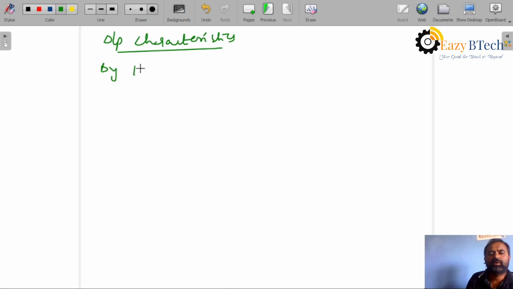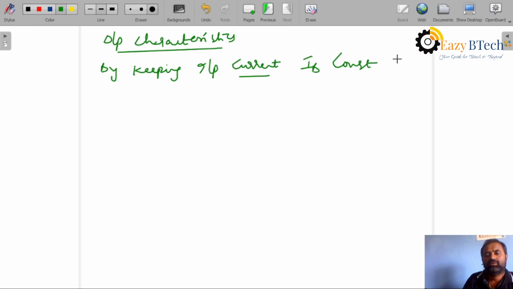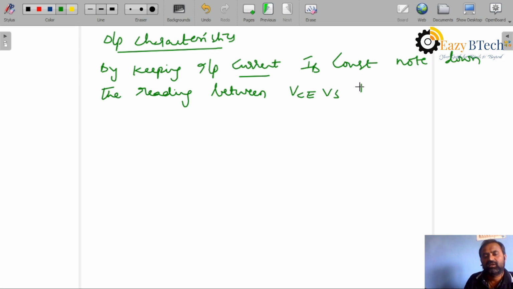By keeping the input current IB constant, note down the readings on the output side, VCE versus IE.